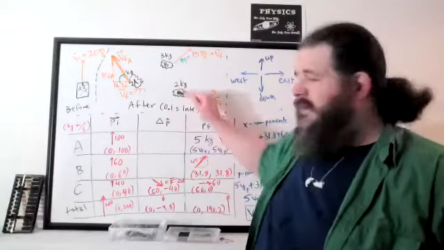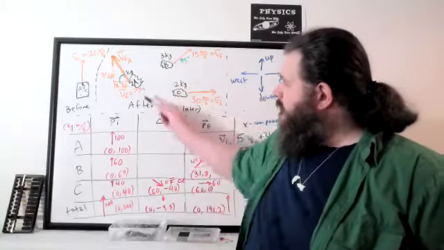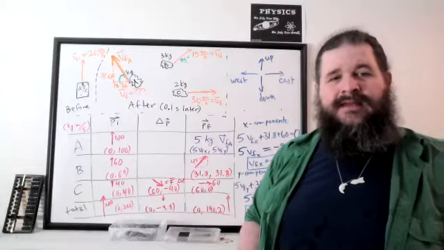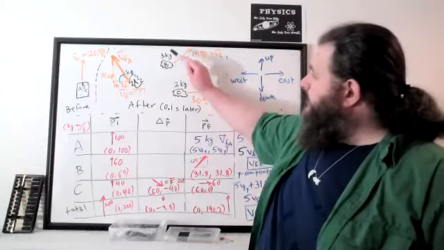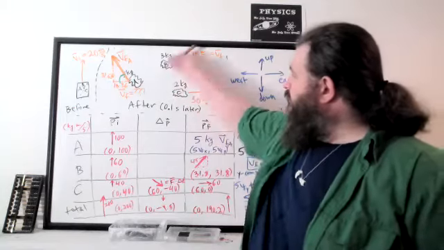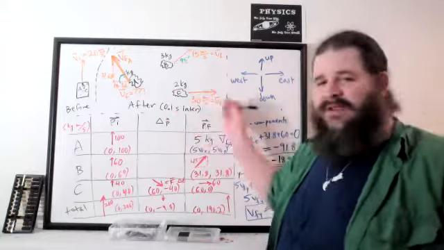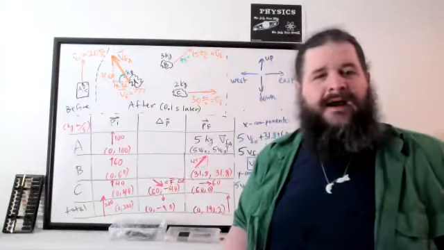Afterwards, the pieces are moving separately, so you have to treat them separately. So 1/2 times 5 kilograms times this speed squared, and you can ignore direction, just look at the magnitude of speed squared, because kinetic energy is directionless. Plus 1/2 times 3 kilograms times this speed squared, plus 1/2 times 2 kilograms times this speed squared. That'll tell you the total final kinetic energy, and then you compare.